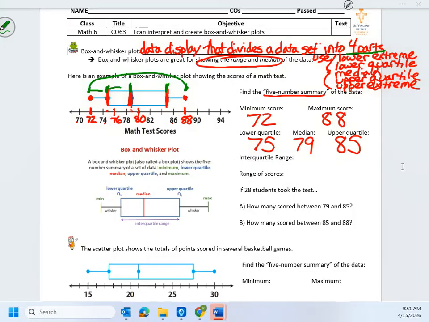That lower quartile to the median is our second section. The median to the upper quartile is our third section. And the upper quartile to the upper extreme is our fourth section. You see where all 4 sections are. It's important to know because we have to be able to divide our data up into those 4 sections.